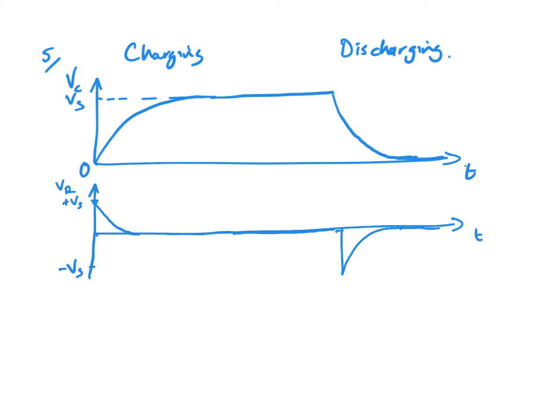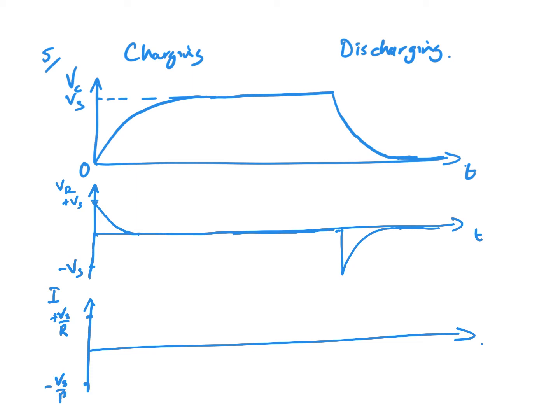Now that gives us the shape of the other graph, which you are asked a bit more often, which is about the current flowing in the circuit. Because voltage and current are proportional for a resistor, it will follow the exact same shape as the graph we've just looked at, but it will be plus Vs over R and minus Vs over R in these.